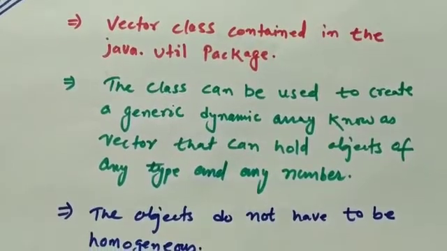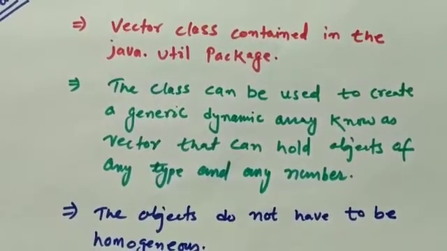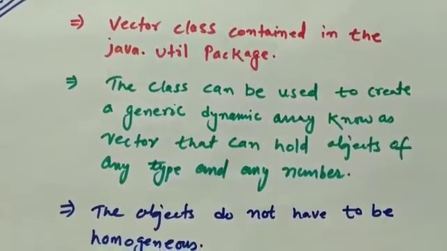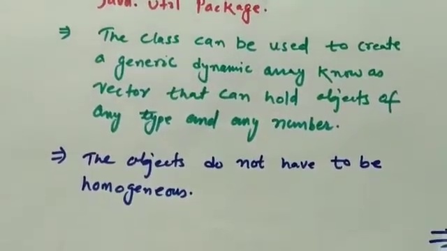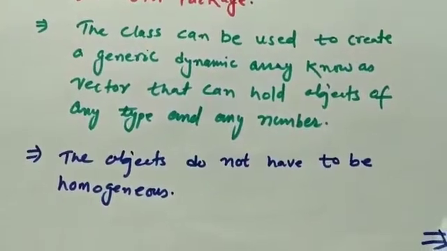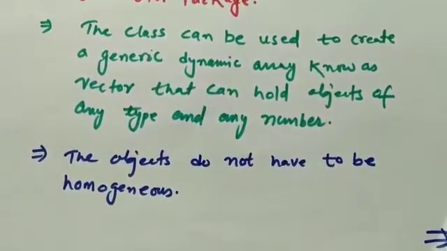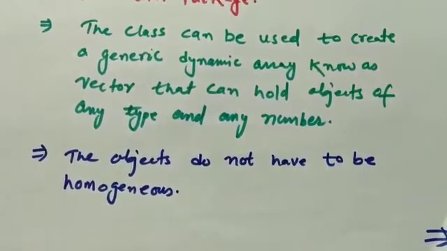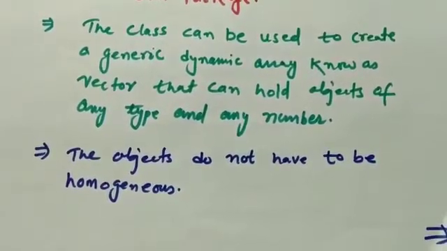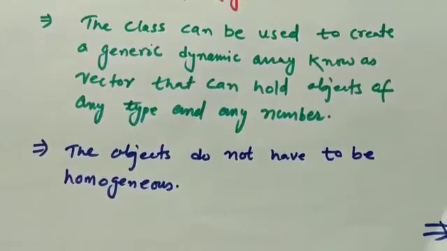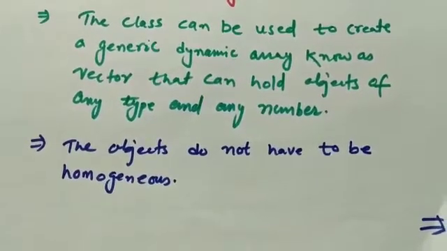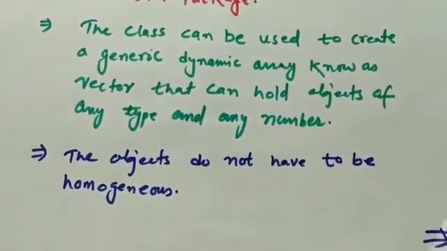So this is the importance of vector. And the last definition is that the objects do not have to be homogeneous. The same thing I have just explained: vectors take not only homogeneous but also heterogeneous data. So this is the definition of vectors.